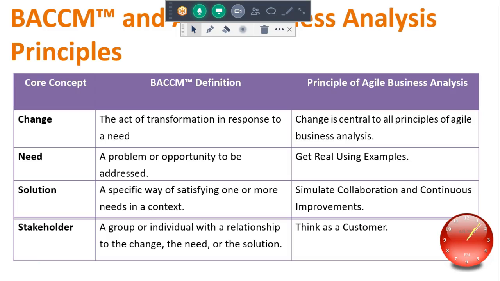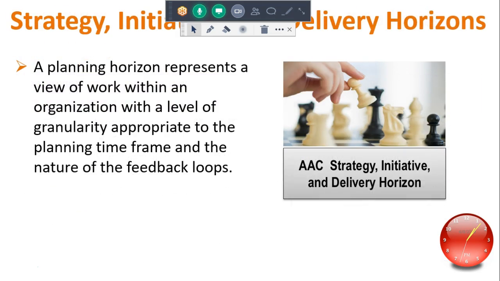I don't think you're going to see a lot of these things directly on the exam, but you will see a lot of the application of the agile principles. So you need to understand the definitions, and you need to understand the application of the principles. A little bit of that is just looking at things and thinking about them.